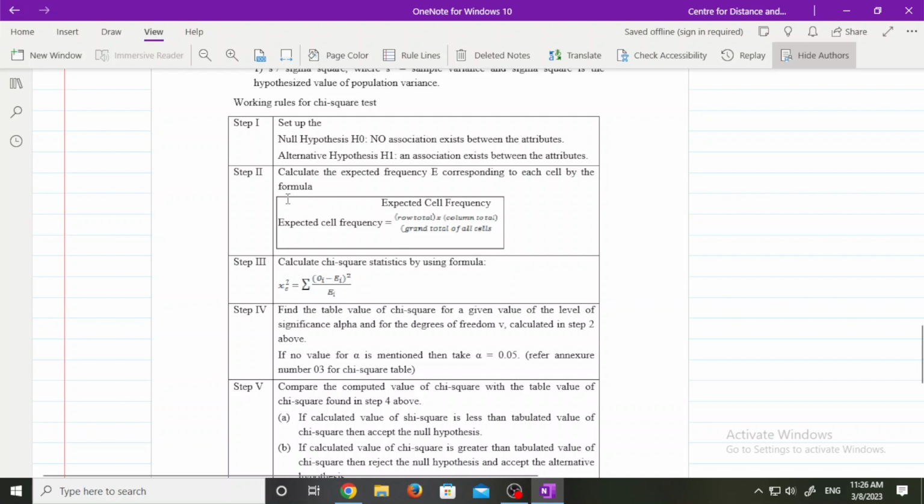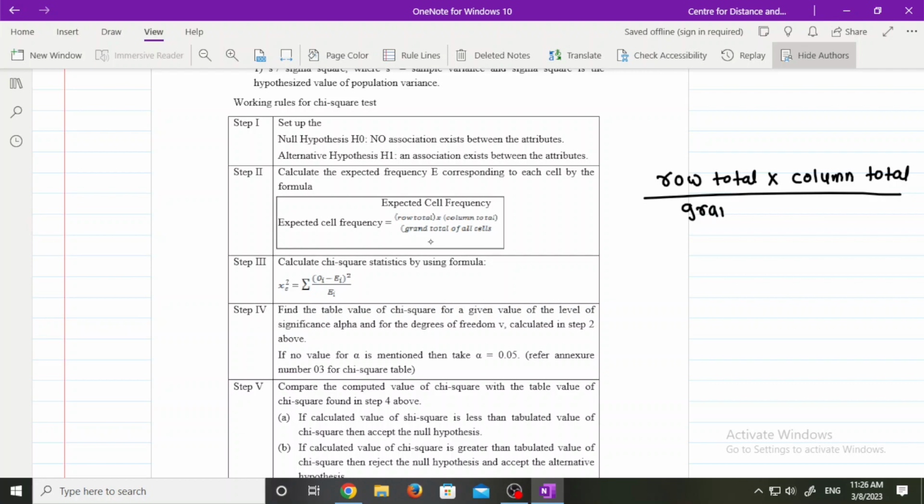Then in step 2, we have to calculate the expected frequency E corresponding to each cell by the formula: expected cell frequency is equal to row total into column total, divided by the grand total of all cells.